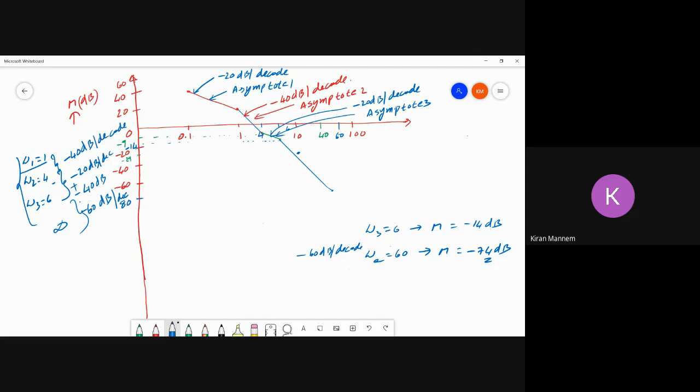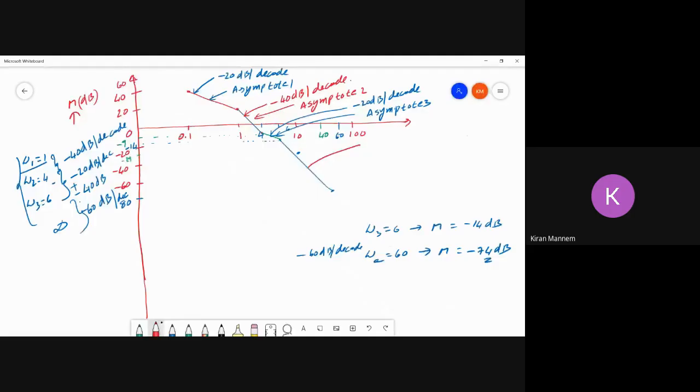So from this point you can extend this till infinity. So now this is the fourth asymptote, minus 60 dB per decade, and this would be asymptote 4. Okay, so this is an approximate plot. I think an approximate plot is enough for understanding the concept. So later we'll do the corrections.